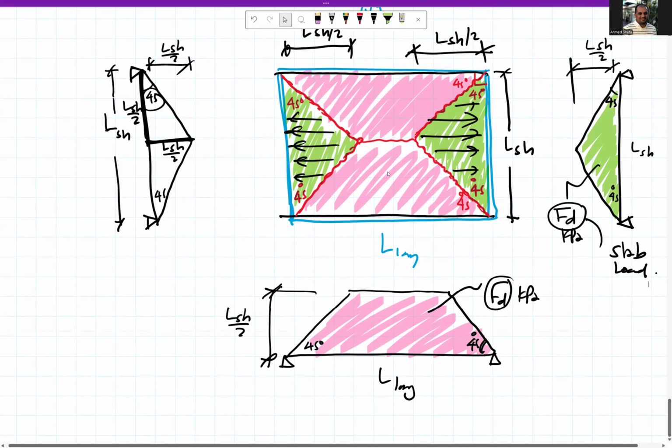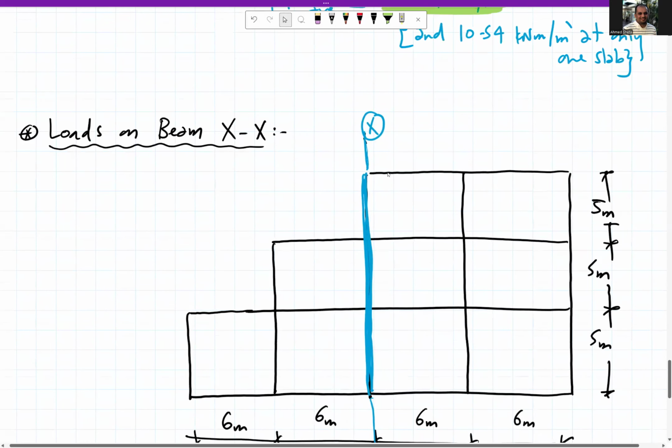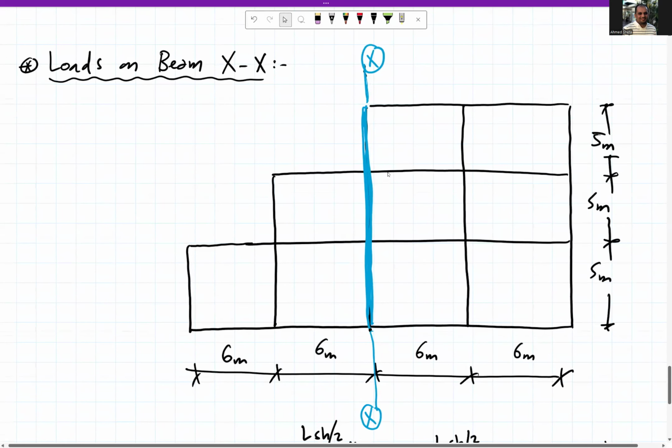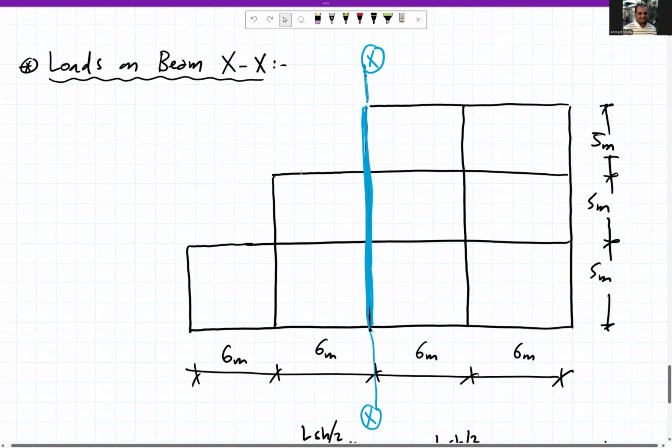Sorry, the load from a two-way slab to the supporting beam. So if we look here, as you can see, this is our beam. This beam will carry part from the slab because this is a short span, so it will carry a triangle. Right, so it will carry this XX beam.